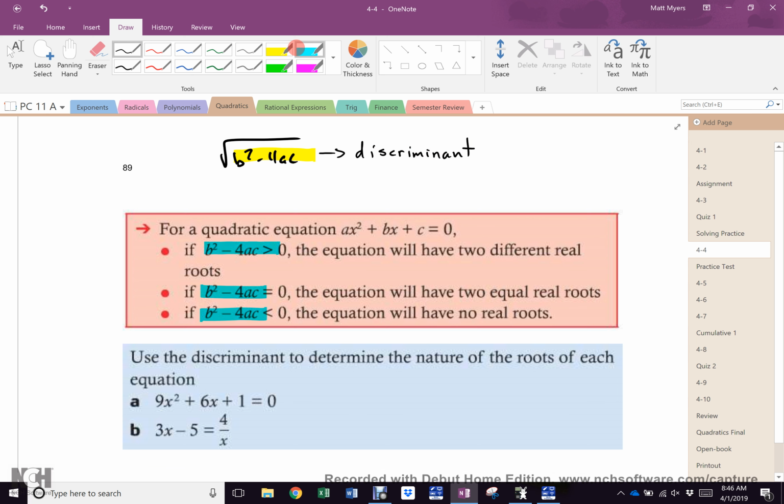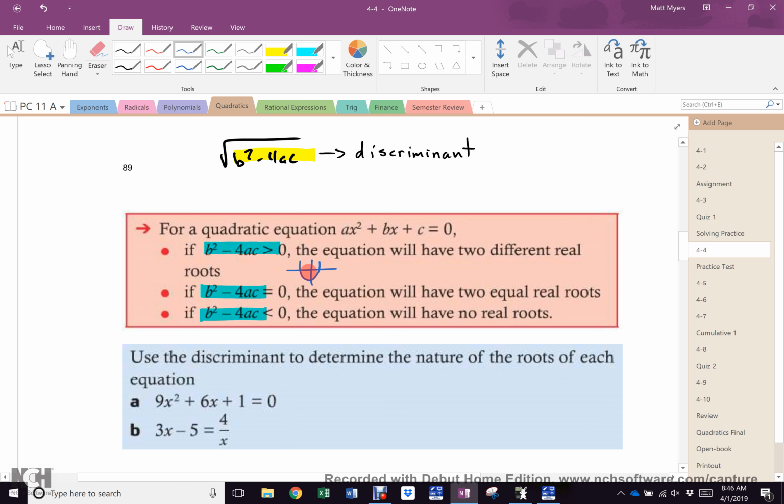Now, what word do you see in there? Discriminate. This part of the quadratic formula is called the discriminant because it tells us what the quadratic is going to look like. Because it has to be one of those three things. It has to be two different roots. That's the one that looks like this.